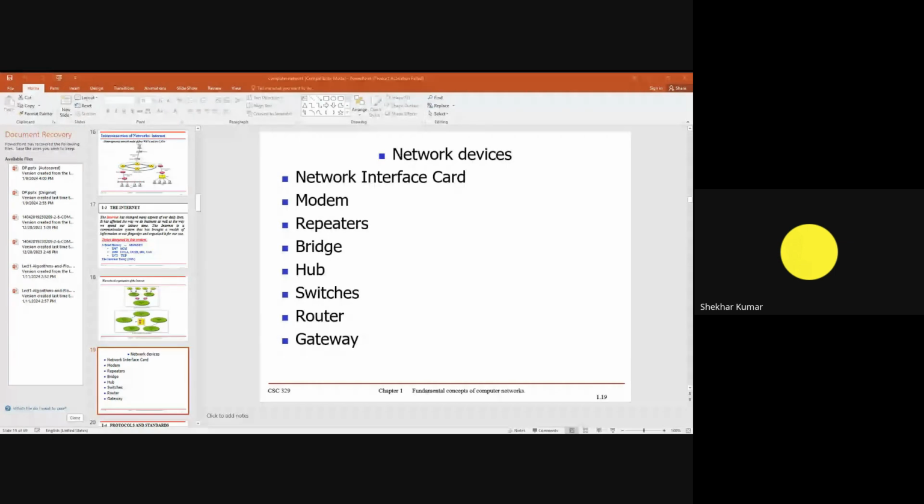So a router transfers packets to the destinations by maintaining a path table through the interconnected networking devices that are connected using different network topologies. So it maintains a routing table so that it can transfer the data from one location to the correct destination.